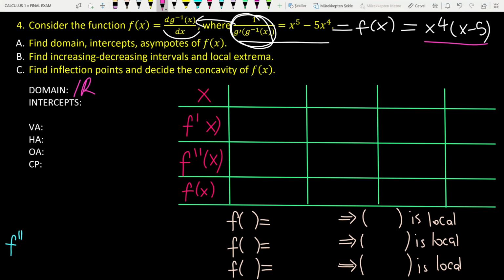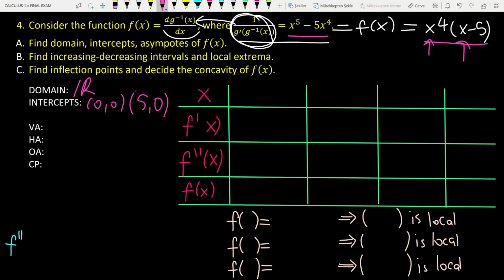What about the intercepts? When y is 0, x is 0. So (0, 0) is one of the intersection points. If x is 5, then y is 0. So (5, 0) is another intercept of the function. What about vertical, horizontal, and oblique asymptotes?